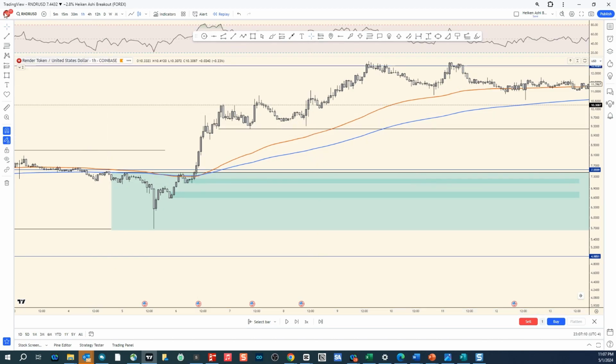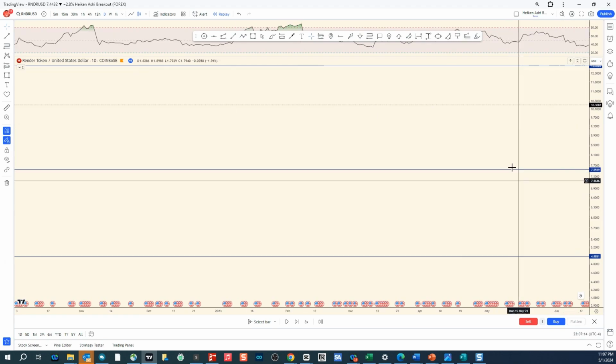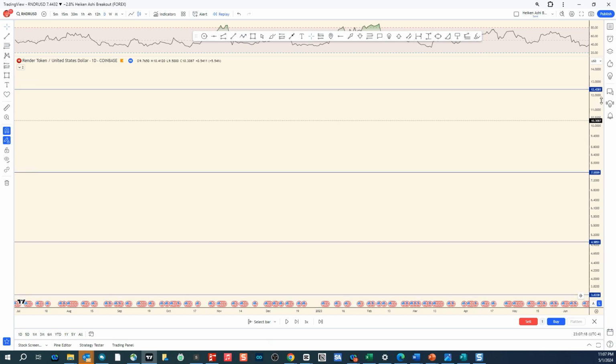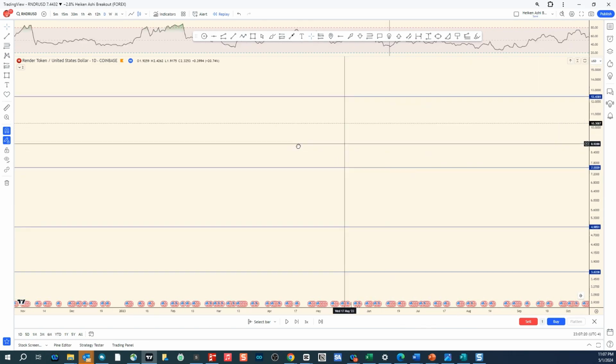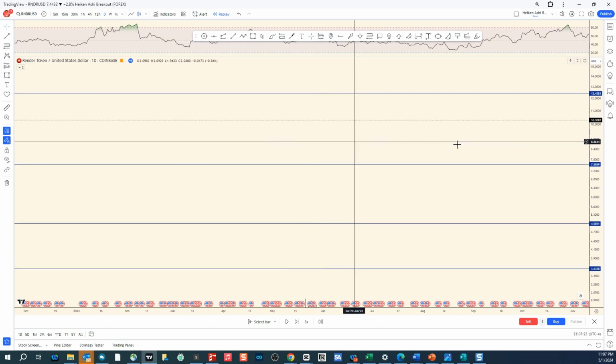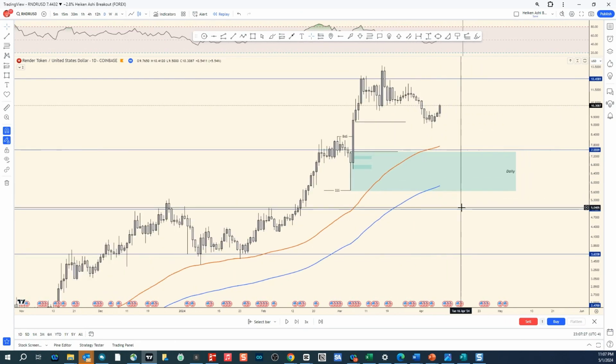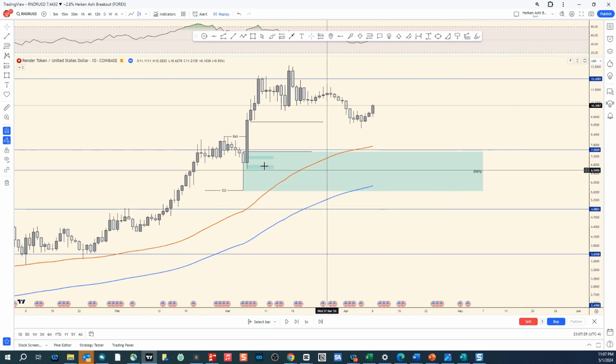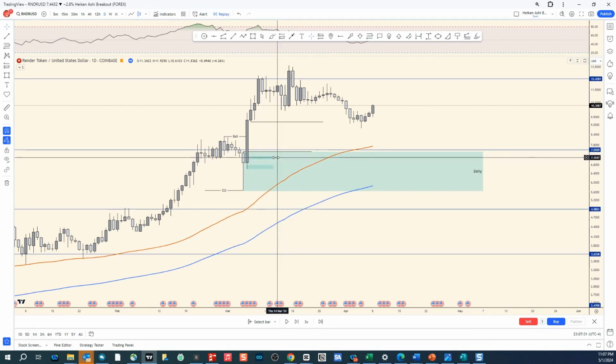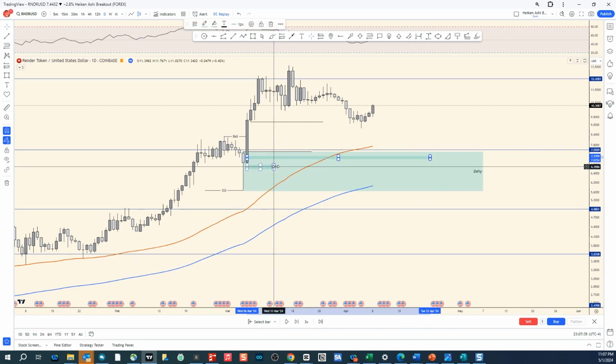So we have our zones, and we've refined our zones because they were so large down to a specific point. Okay, and there we go. Sorry about that. And we'll just drag these out as well. These are our 1 hour.